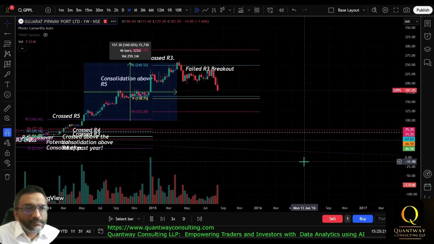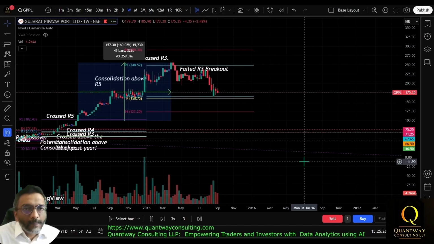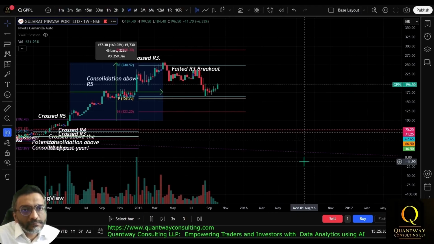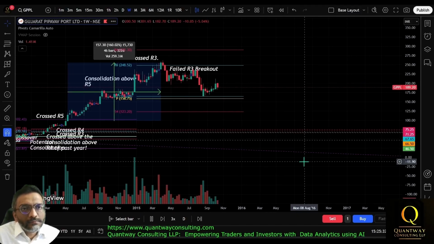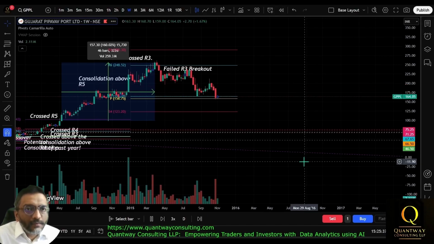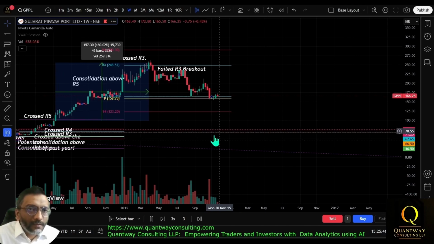I mean, because it is just a general category stock. So it has hit pivot levels, and now the pivot has been taken out, attempted to take out pivot.